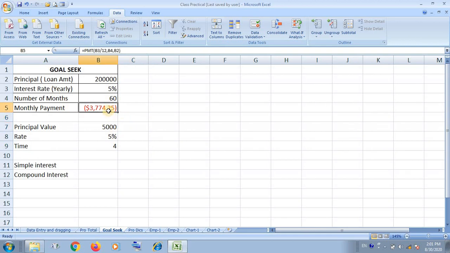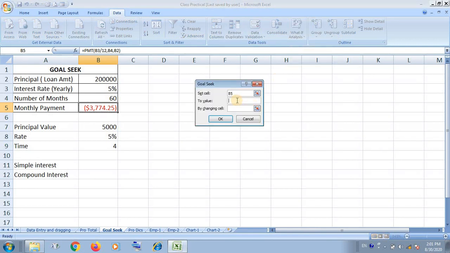Now you are looking here, I want to adjust this value. Suppose I want to adjust this value to 4,000. We have to enter here 4,000 minus 4,000. Set cell is the formula cell, and in it we have to adjust the 4,000 value in place of 3,774.25, and I have to select the changing cell address, percent.